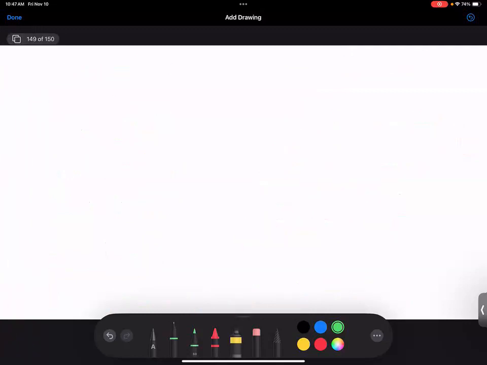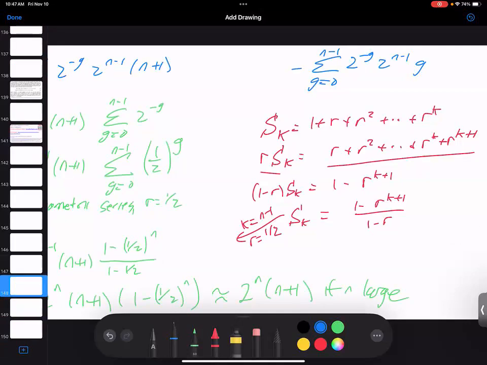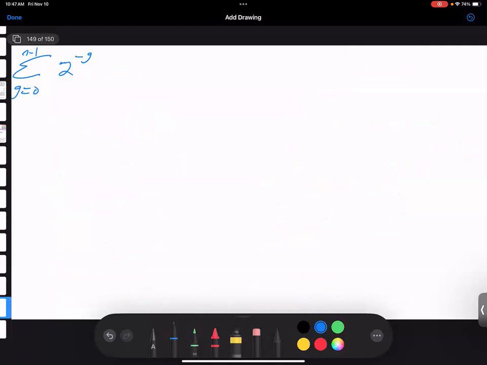And so now we have to deal with the sum. g goes from 0 to n minus 1. We have 2 to the negative g. And then it was 2 to the n minus 1 times g.